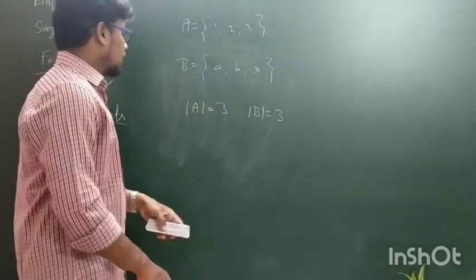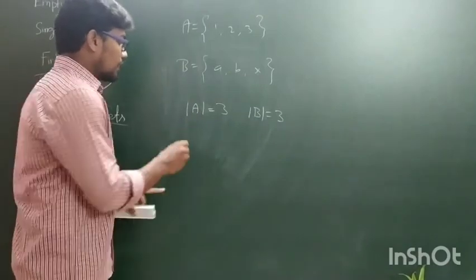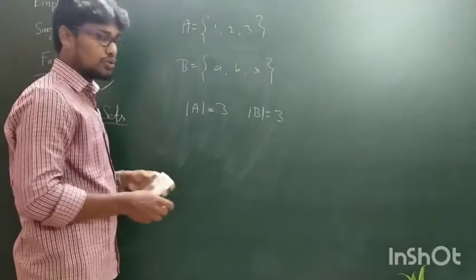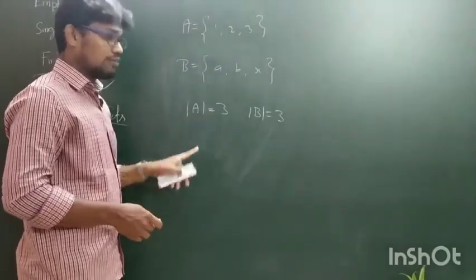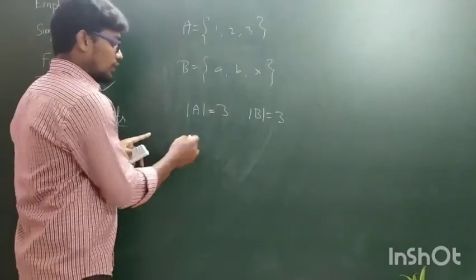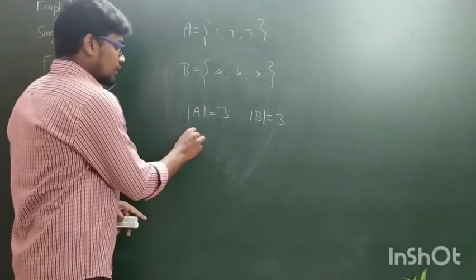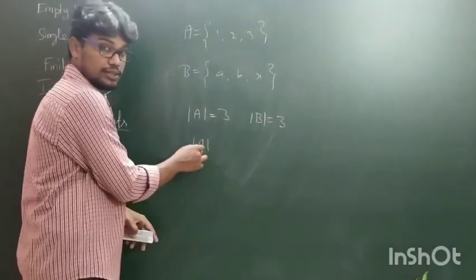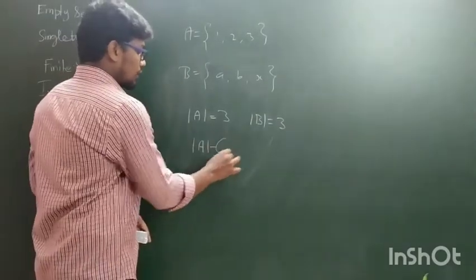Here we have to make a note of one thing. Students used to read this as mod A and all. No, this is called the cardinality of A. We use this notation in different places, like in determinants, as a mod. Inside the symbol, if you write a set, here A is a set, then we have to read it as cardinality.